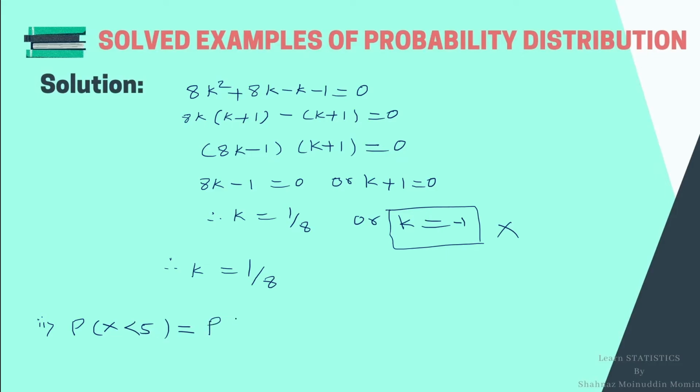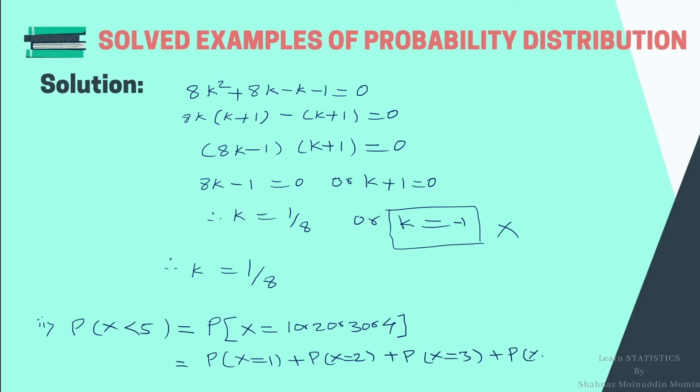So x will take value either 1 or 2 or 3, 4, up to 4, not 5. It is strictly less than 5. Therefore, this is probability x equal to 1 plus x equal to 2 plus probability x equal to 3 and probability x equal to 4.